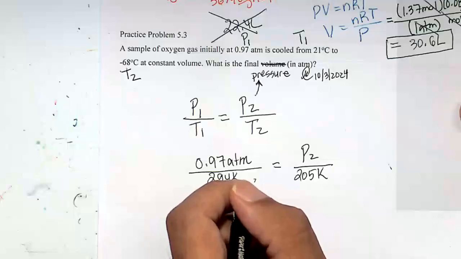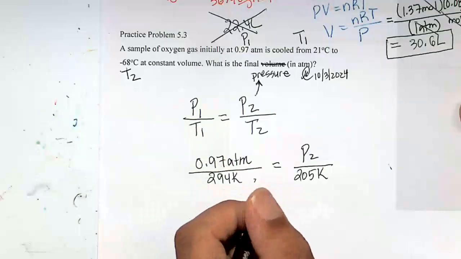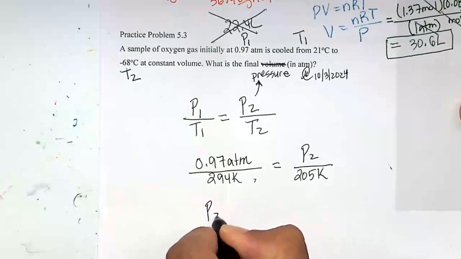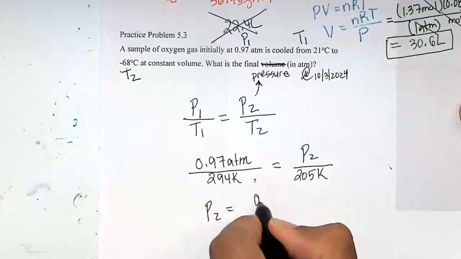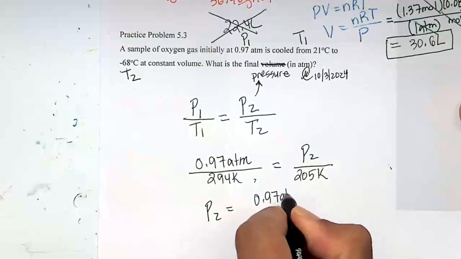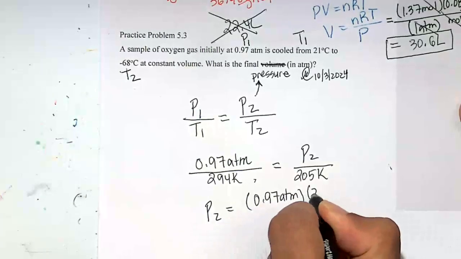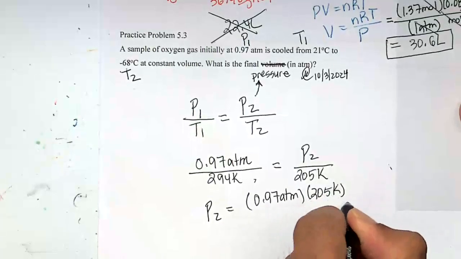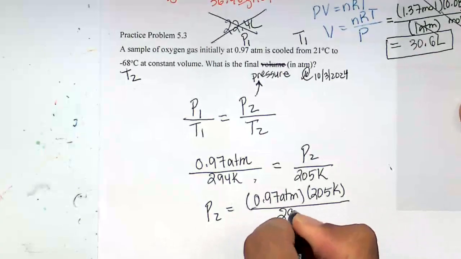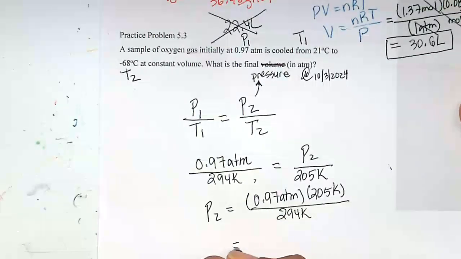All right, to solve for P2, we will cross multiply. P2 is equal to 0.97 atm times 205 Kelvin divided by 294 Kelvin.